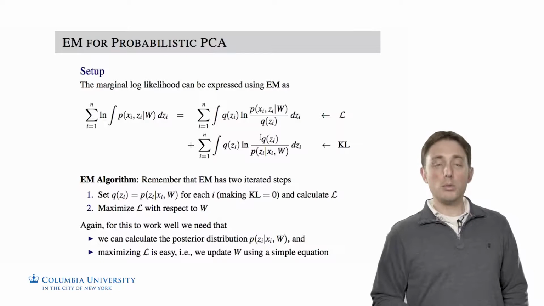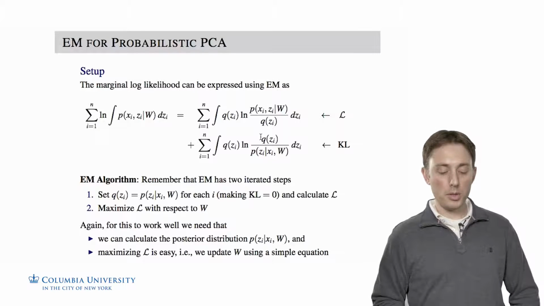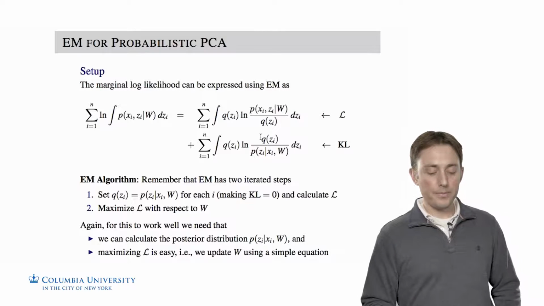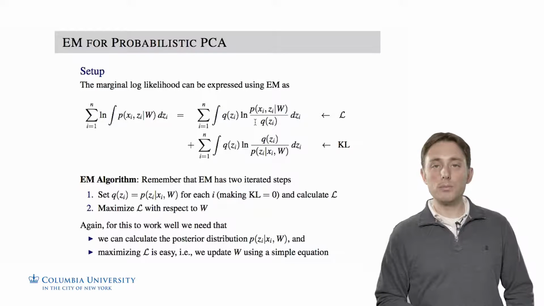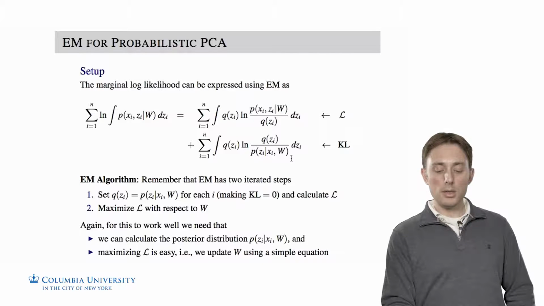Now if we want to use the right-hand side to do EM in order to maximize the left-hand side over W, remember we have to do two steps. First, we have to make this Kullback-Leibler divergence equal to 0. And that's the E step. In order to do that, we know the only way that this could equal 0 is by setting Q to equal this distribution here. So we have to match these two distributions.